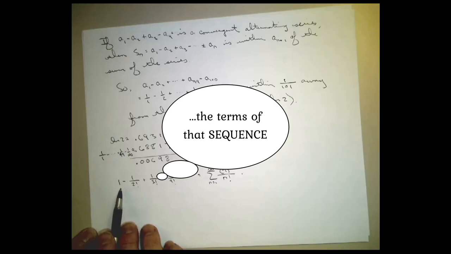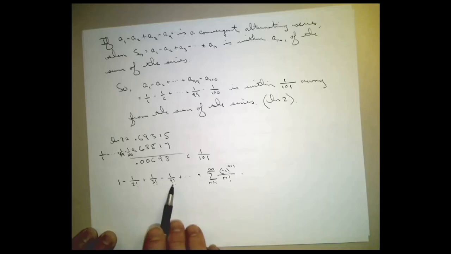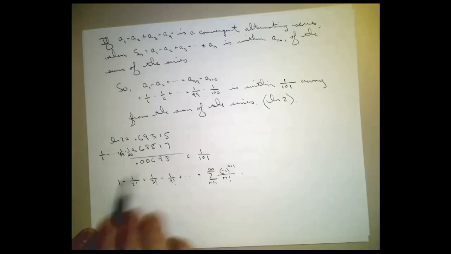And those terms have a limit of 0. The sequence of terms goes to 0. So it meets all of the conditions of the alternating series test. So we know that this is going to converge.